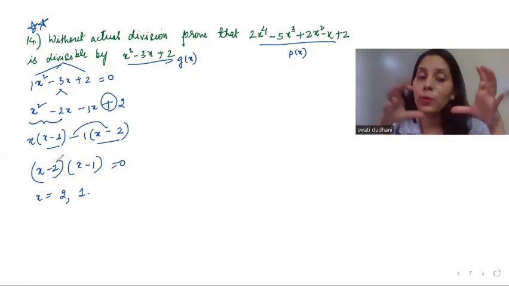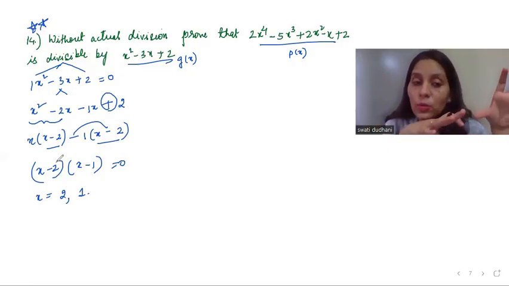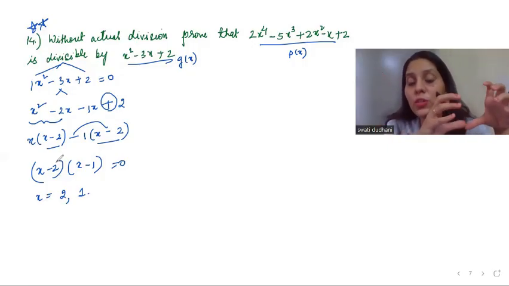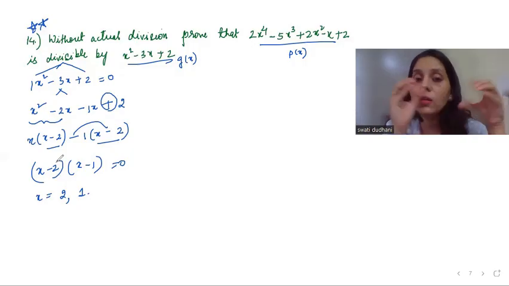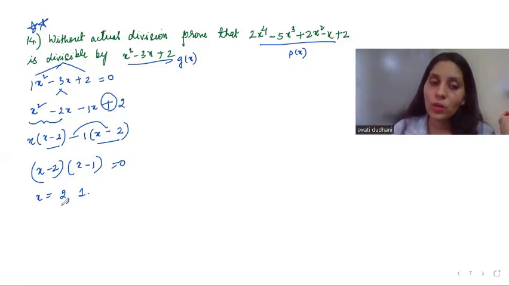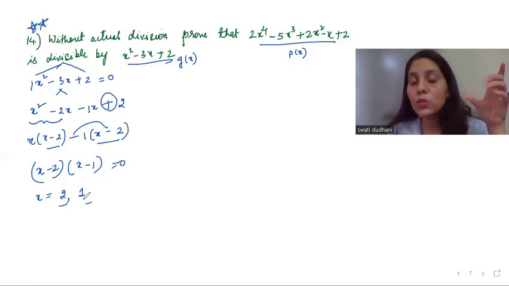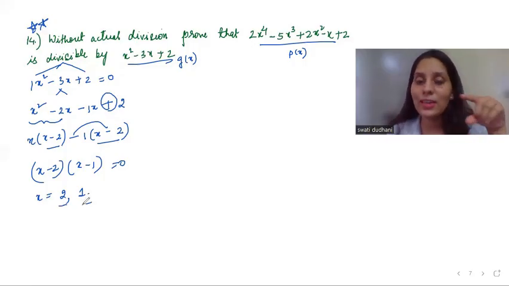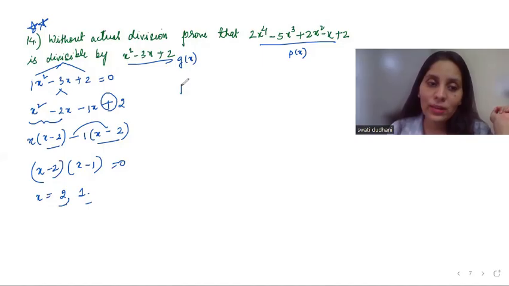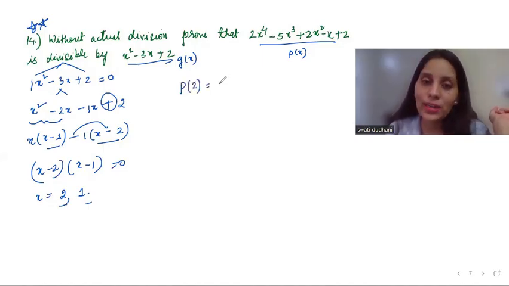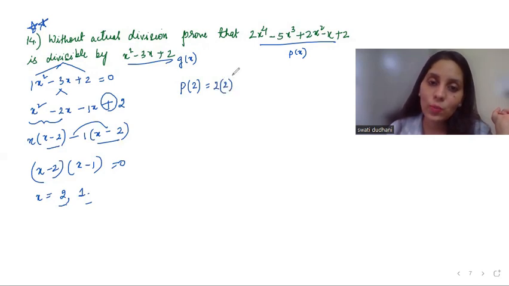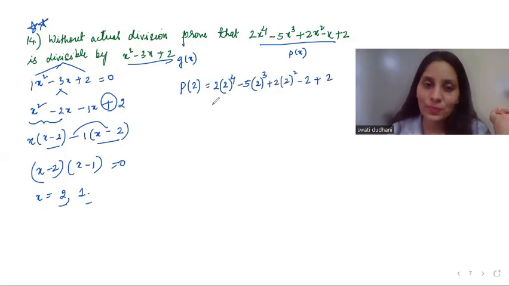So once we equate the divisor to be 0, the next step is substituting the zeros in the dividend. So we got 2 zeros, and both the zeros will be substituted in the dividend. We will find first P of 2, substituting 2 for x. So 2 into 2 power 4 minus 5 into 2 cube plus 2 into 2 square minus 2 plus 2.